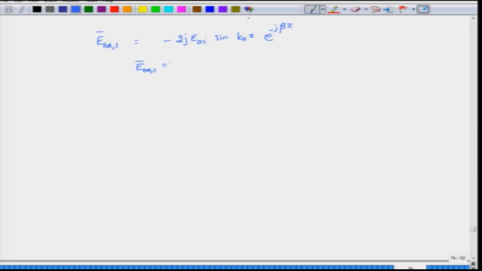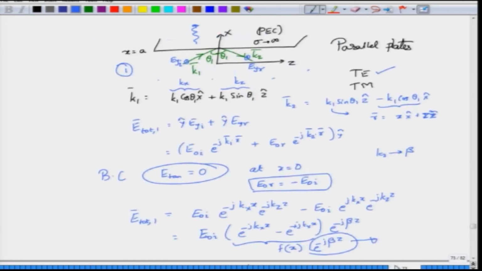If you now plot the magnitude of this total electric field in region 1, what you will actually see is that here we had this plate, and this plate was kept at x equal to a, sorry, hold on. We will keep this plate at x equal to 0 initially, sorry about that.